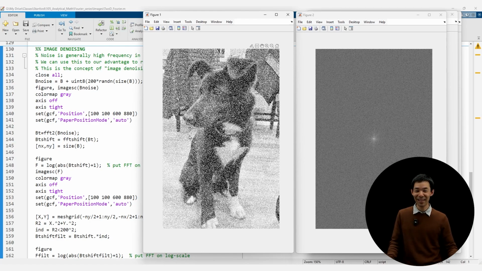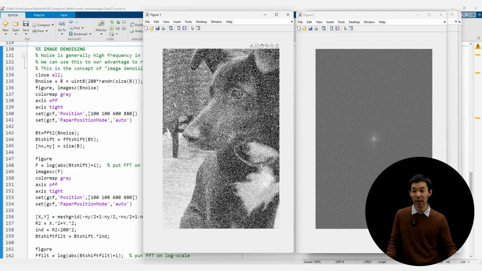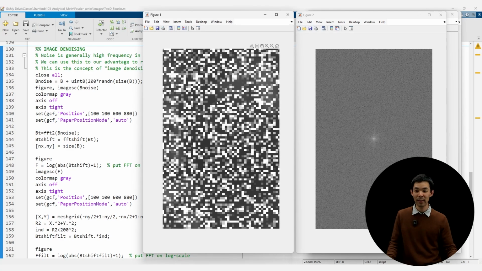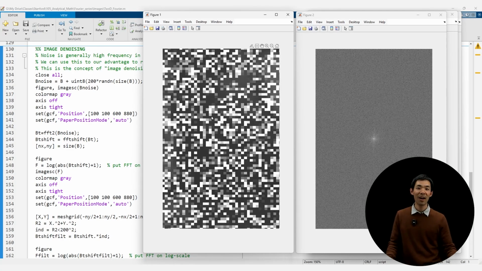This is an absolutely horrendous picture of Coco. But imagine that this was all you had, and it was very blurry. If I were to zoom in, terrible. The noise of this image is absolutely terrible. You can really see the black and white on a single pixel level.